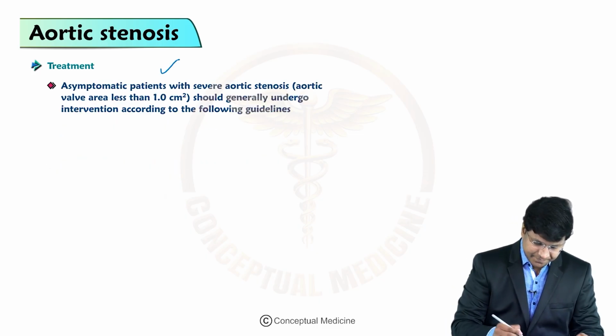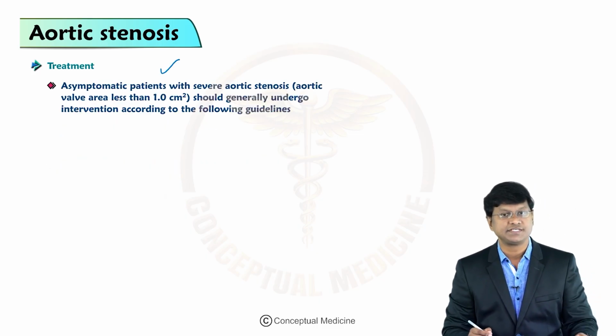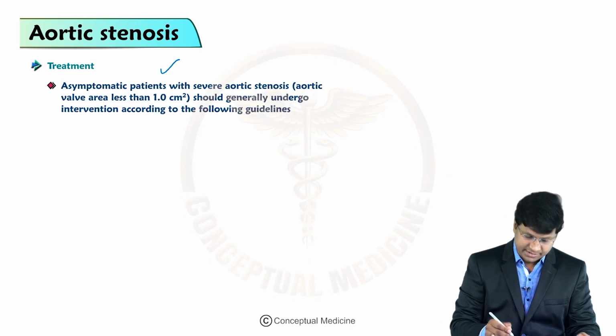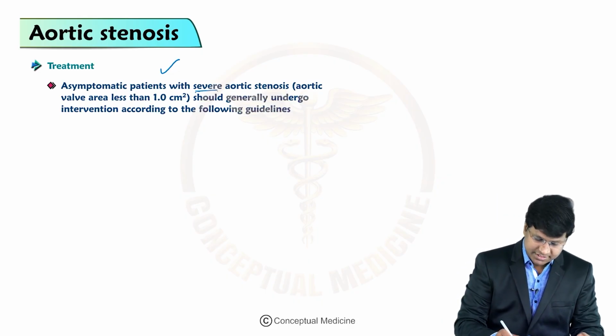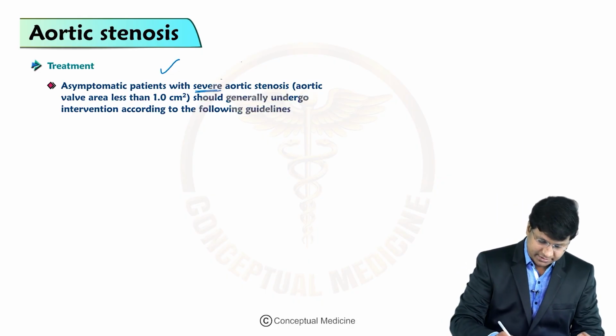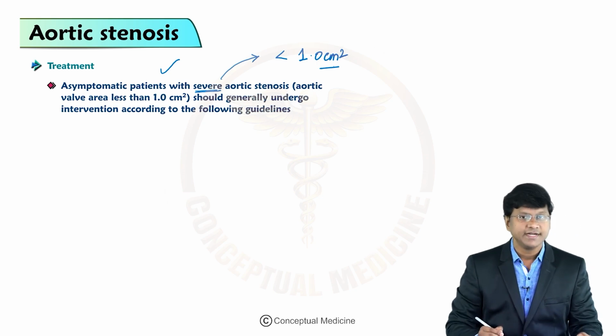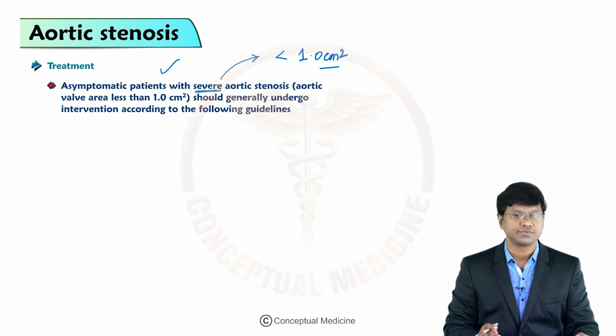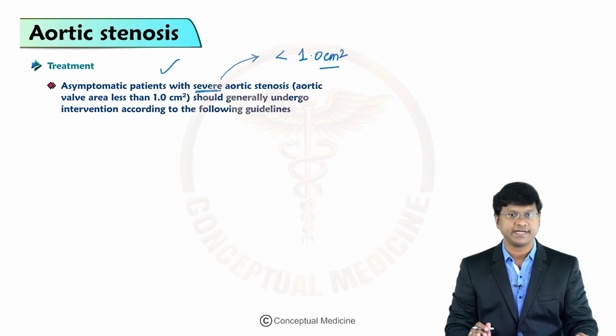So you see here, asymptomatic patients with severe aortic stenosis. When do we use the terminology severe aortic stenosis? That is when the valve area is less than 1 centimeter square. They should generally undergo intervention according to the following guidelines.